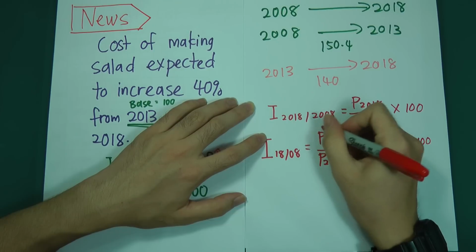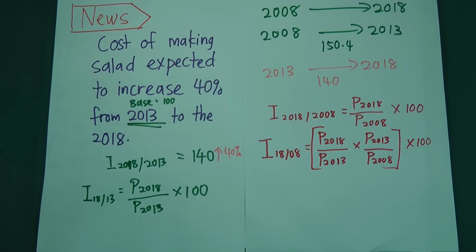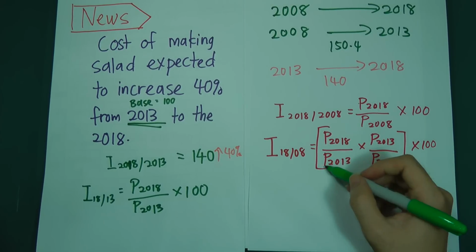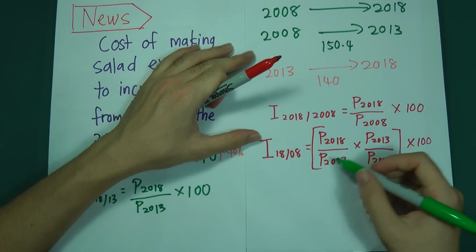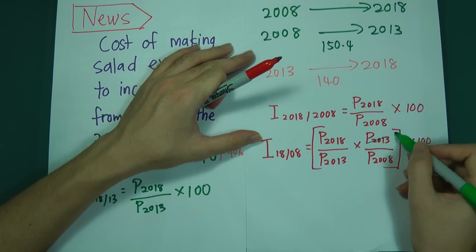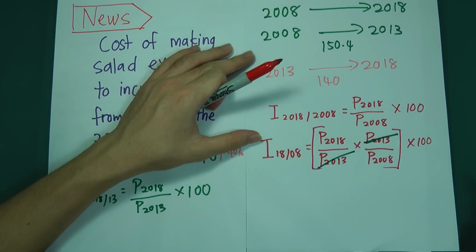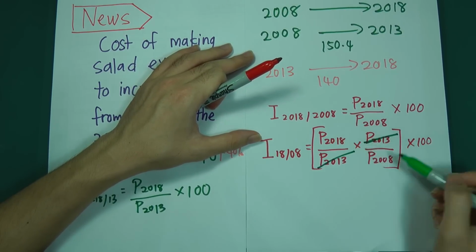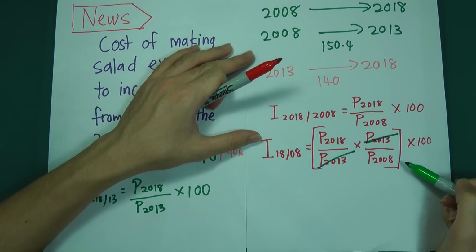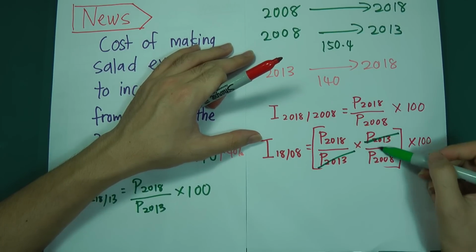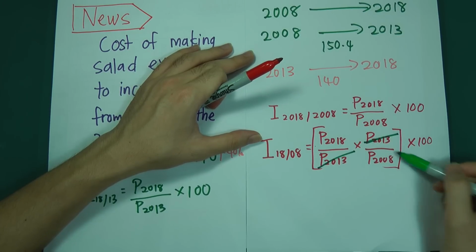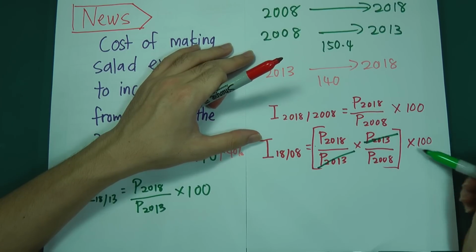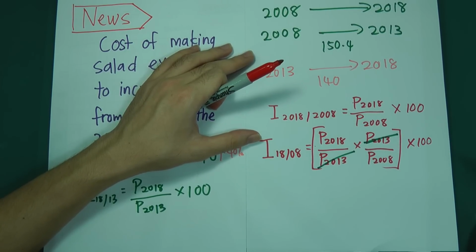Okay, why can this one work out? Because if you learn about mathematics, we know this one and this one actually we can simplify. So after we simplify price for 2013, actually we got price for 2018 divide the price for 2008, because this one multiple 1 divide by 1 multiple this one, so we can get back this one. Then we just multiple 100 because this is index number.